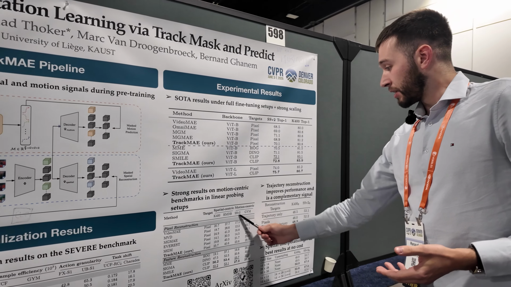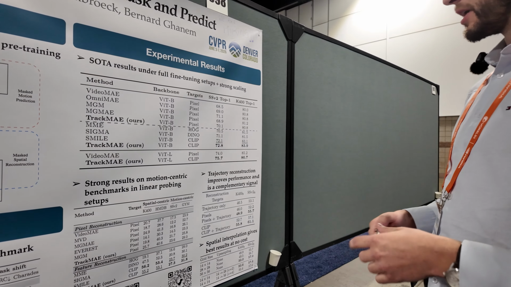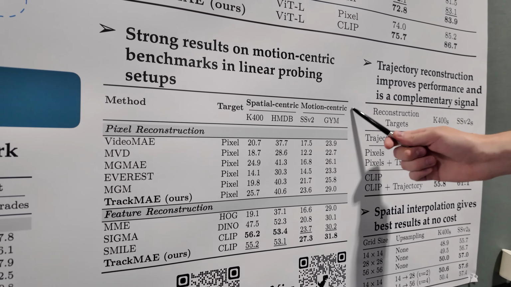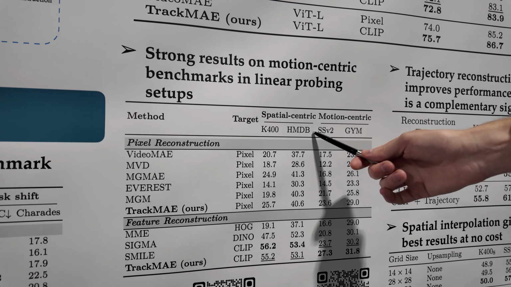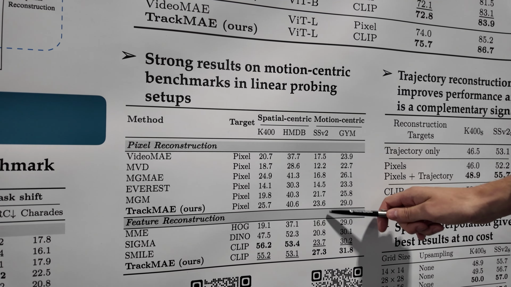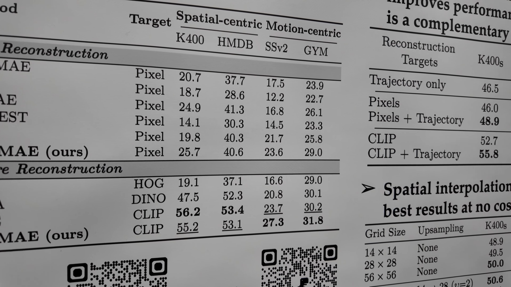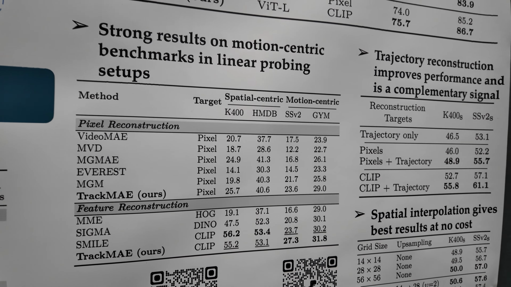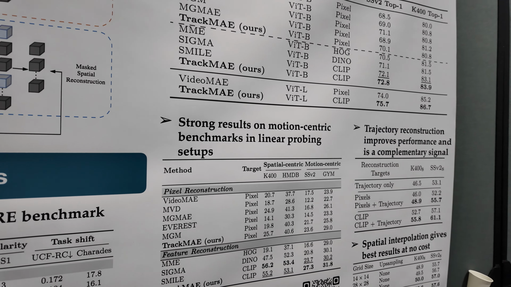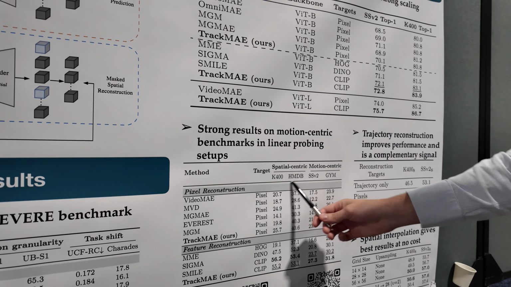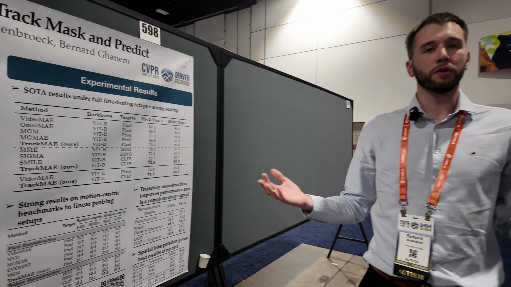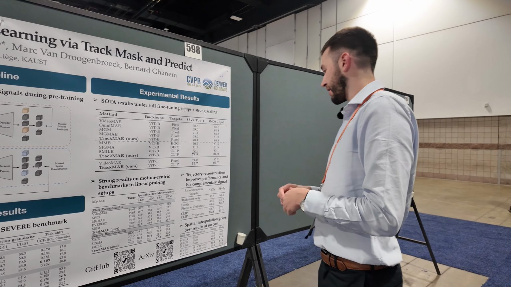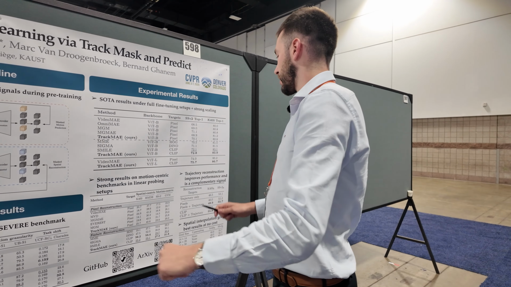What's really interesting to look at is that for the linear probing setup, if you look at the VideoMAE baseline for motion-centric benchmarks such as Something-Something V2 or Diving, we have a really big gain in performance, because for those two benchmarks, understanding motion is really needed, which is not the case for spatial-centric ones, where you could expect to have good classification performance with only one frame, right? So that's the whole idea.